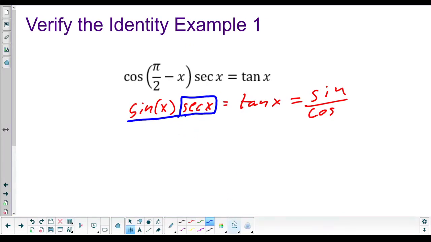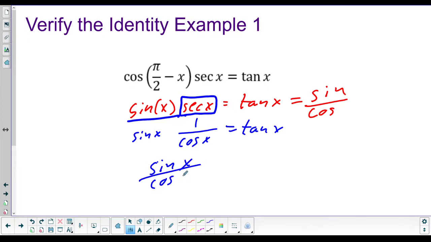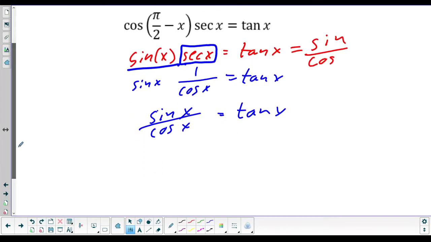This is going to turn into 1 over cosine of x times sine of x equals tangent of x. So this is sine of x over cosine of x equals tangent of x. And oh, well, what is sine of x over cosine of x? Tangent of x.